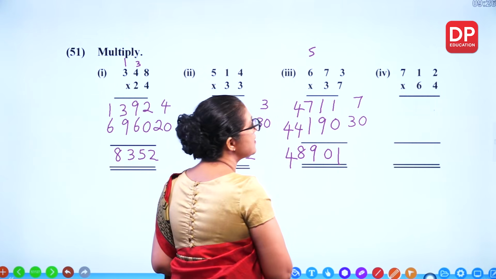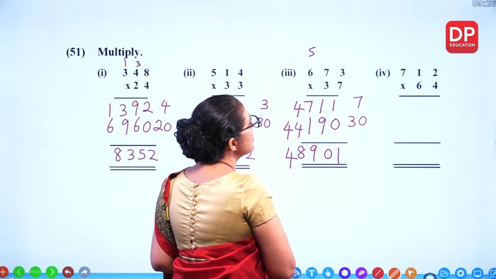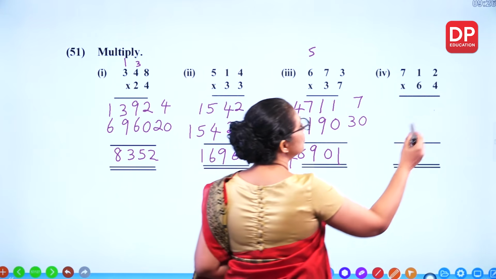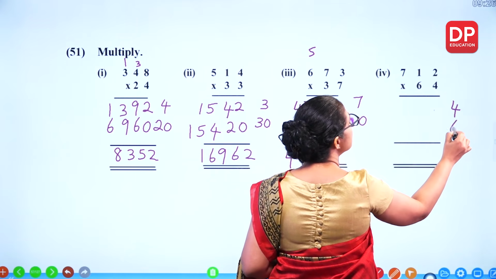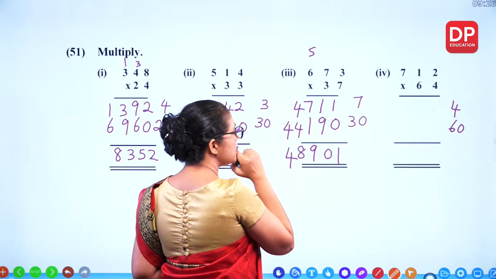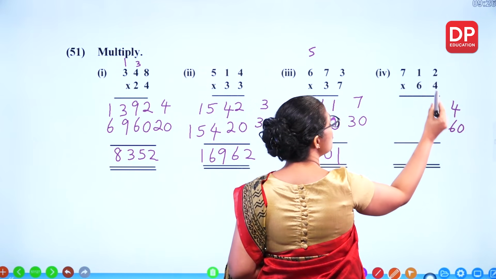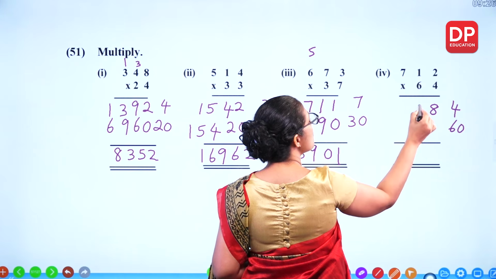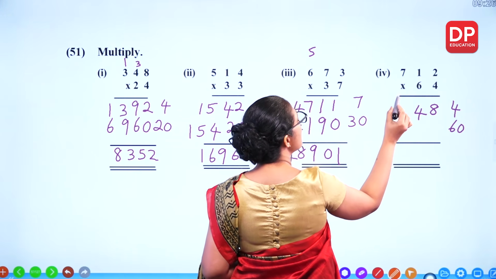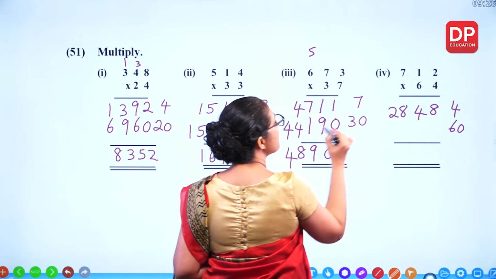How do you multiply by 64? 60 and 4. So 4 and 60. Multiply by 4. 4 times 2, 8. 4 times 1, 4. 4 times 7, 28.